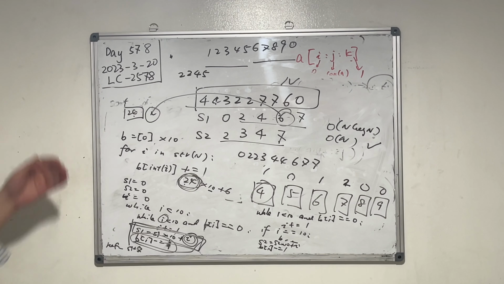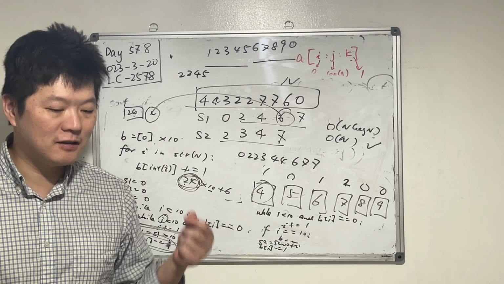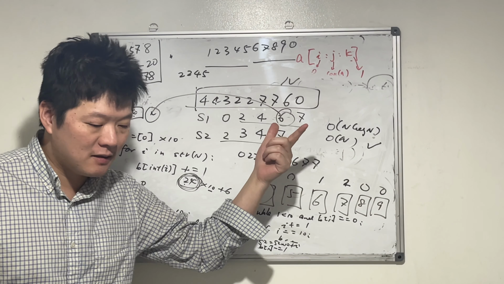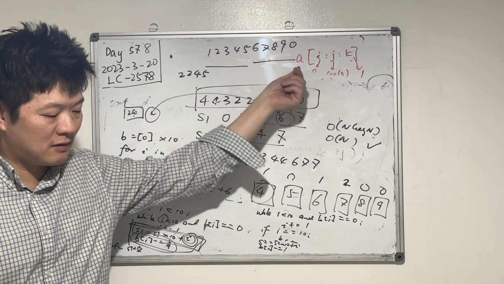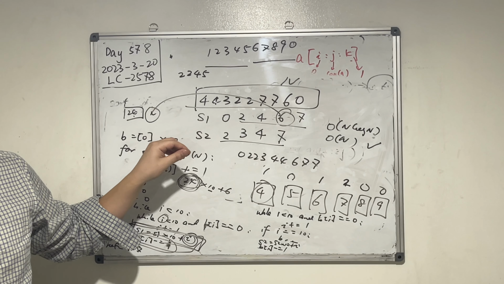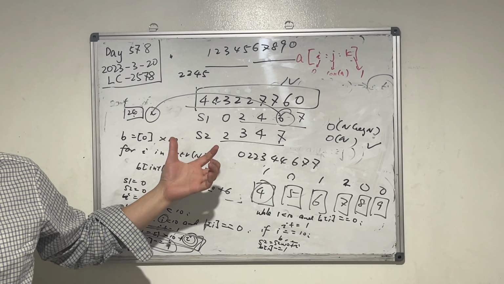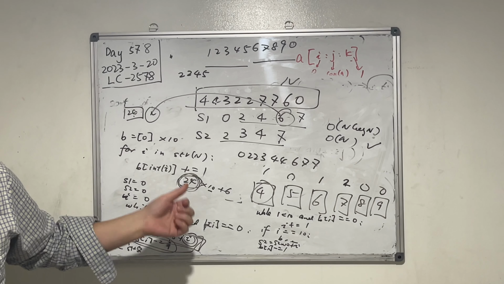The second approach uses bucket sorting because there are only 10 digits, and we can sort the digits by placing them in corresponding buckets. What I mean by putting the digit in the bucket is we simply increment the counter for the bucket, right?